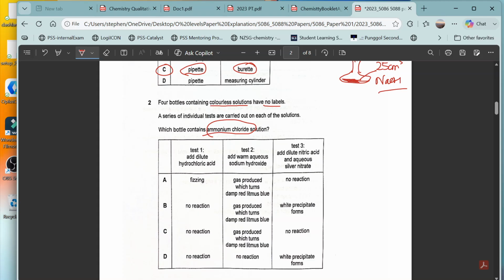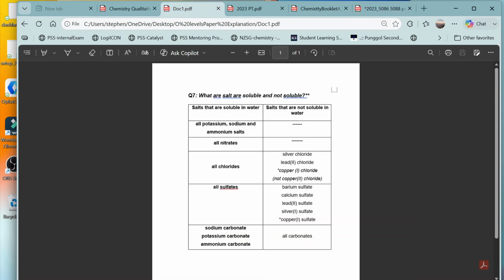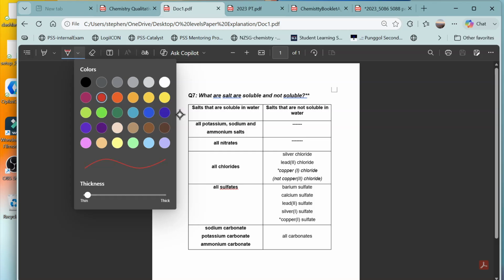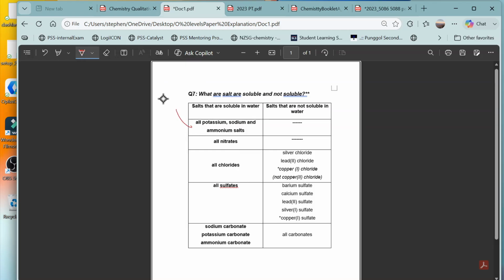So they want to know how do you identify ammonium chloride. For those of you who are not aware, ammonium, potassium, sodium salts or solutions are all colorless. If you don't know, now you know. It's no big deal. All colorless solution.